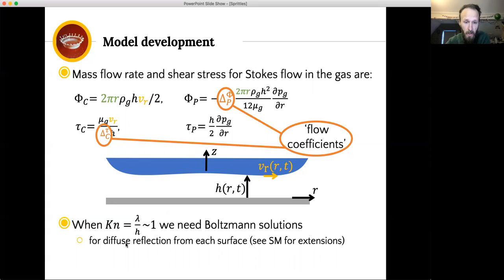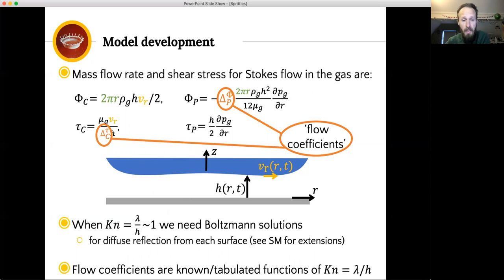Here I'm going to consider only diffuse reflection from these two interfaces with the extra details in our supplemental. And these are known functions of Knudsen number, which have been calculated from the Boltzmann equation. So to modify our lubrication model, all we need are these extra two coefficients, and these are known functions of Knudsen number.